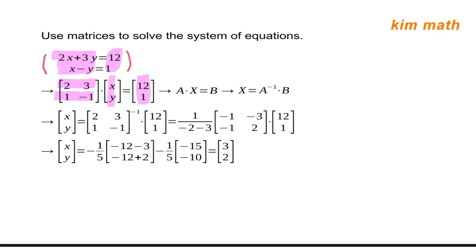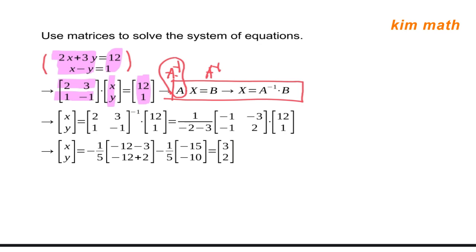From this equation, please note this one. You can rewrite this as A times X equals B. Then again, if you multiply by A inverse, after multiplying these two things, that is the identity matrix.